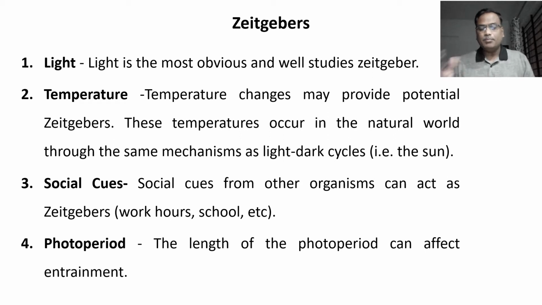But the animal may feel the change in temperature, and it may decide that it is daytime because it is a little bit hot. Now it is cold, so it may be night outside. Like this, temperature variation also affects the resetting. It also works like a gatekeeper.